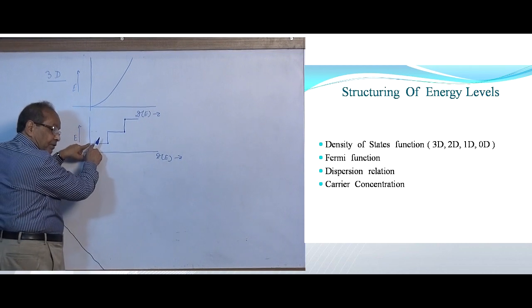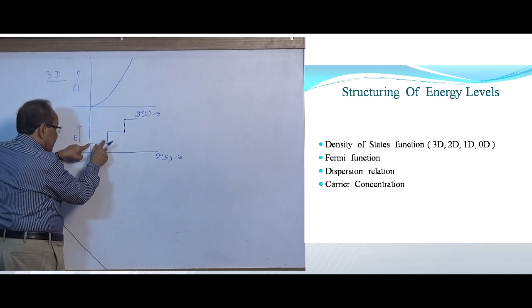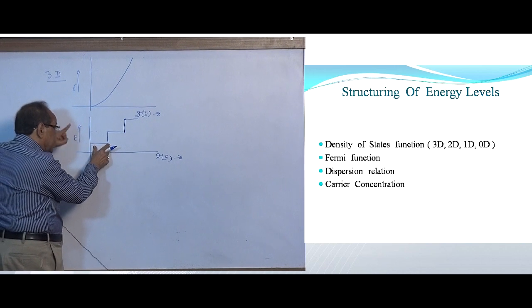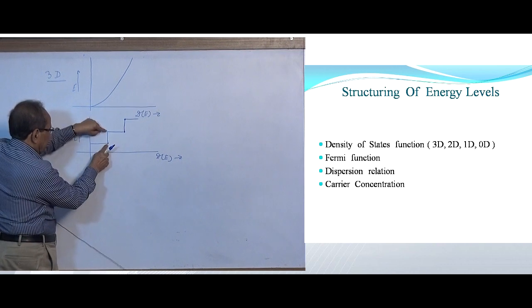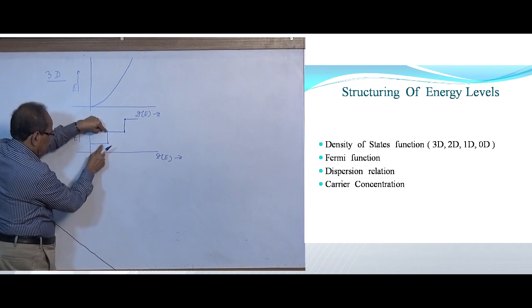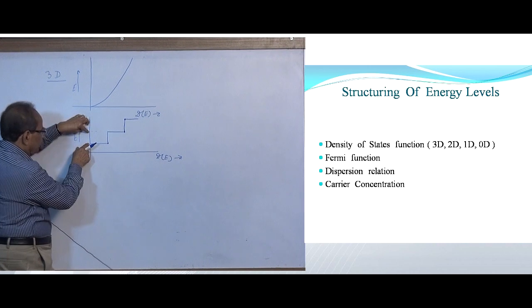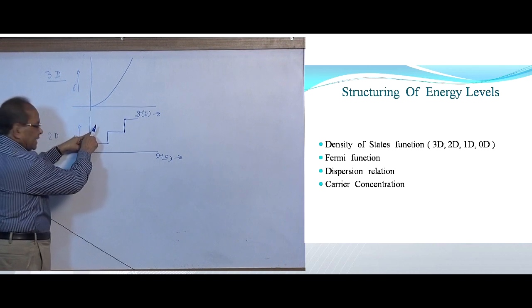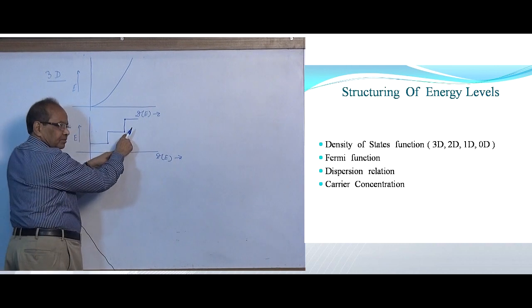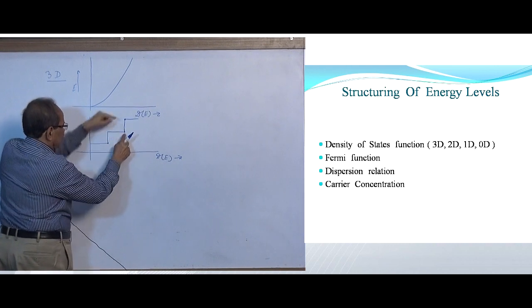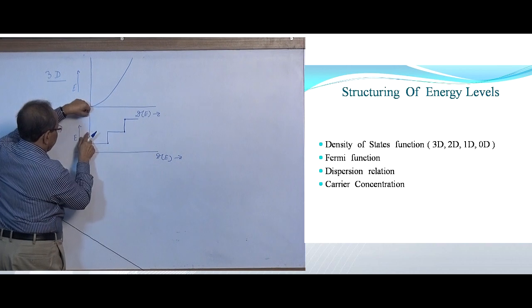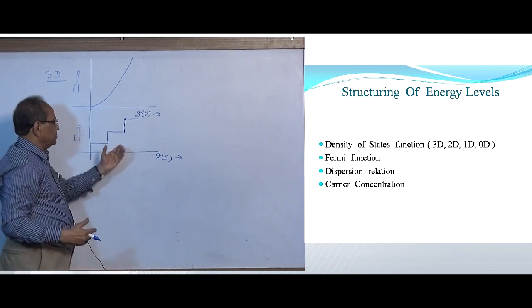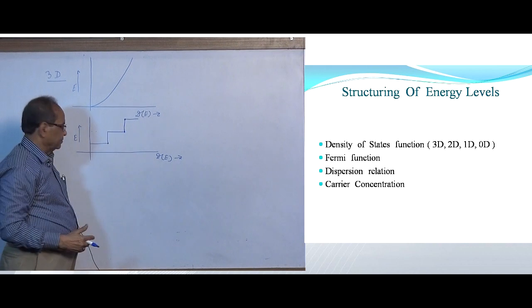Once it reaches that value, the density of states goes to a big value. It maintains the same density of states up to a certain interval of energy. When it reaches energy, again it jumps, and again it keeps the same value of density of states from here to here. So there is a jump of the density of states from one to the other.